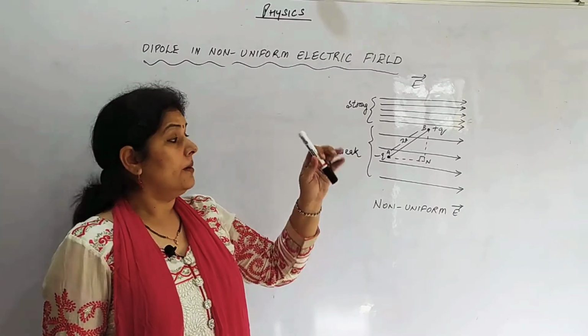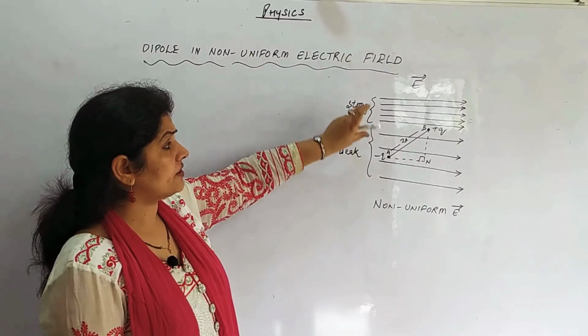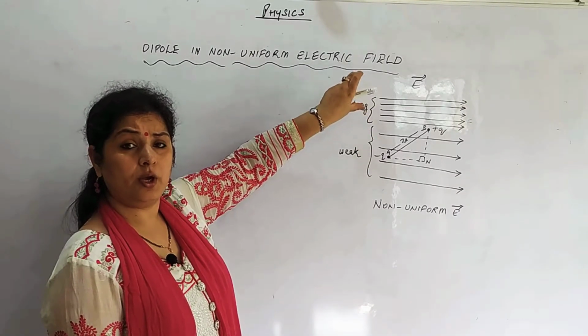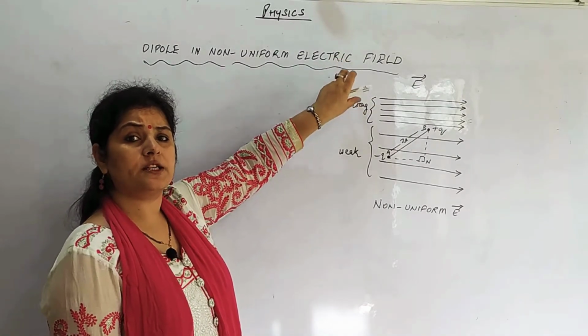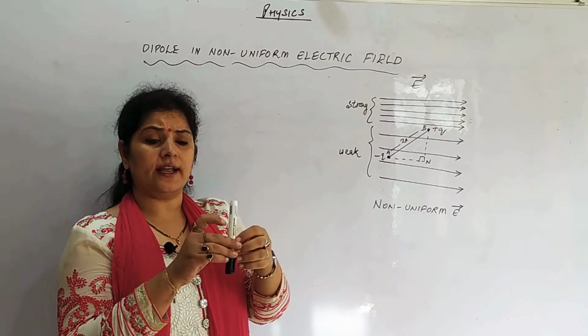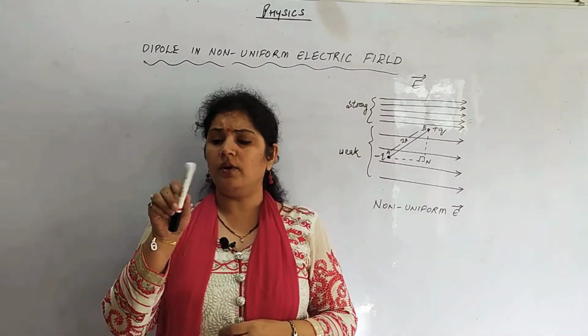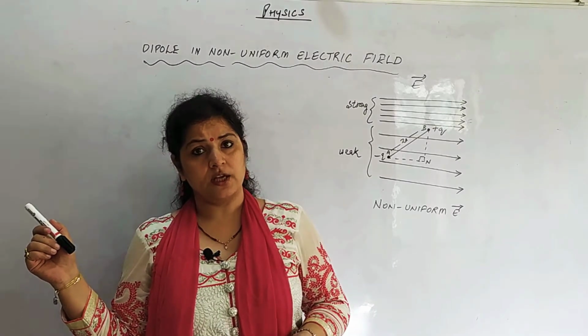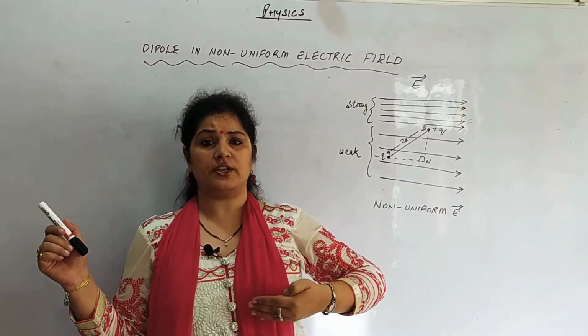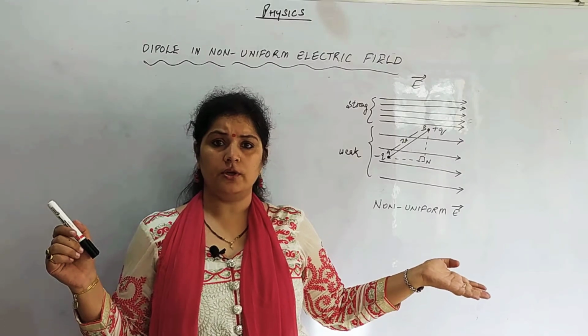But this is the region of weak electric field, and this is the region of strong electric field, so more force will be experienced there. So it will turn, and while turning it will move also. Translational motion will take place from the weaker region of electric field to the stronger region of electric field.